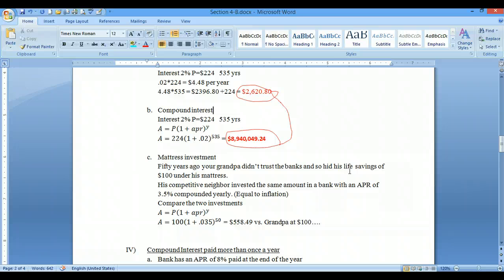His competitive neighbor invested the same amount in a bank with an APR of 3.5% compounded yearly, which is really equivalent to the inflation. So it's not really an investment, although it is compared to what your grandpa did. So we're assuming that nothing happened to the bank, which nowadays doesn't happen as often. And let's compare the two investments.